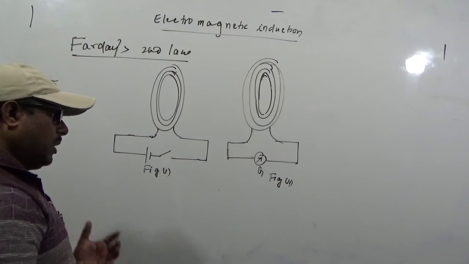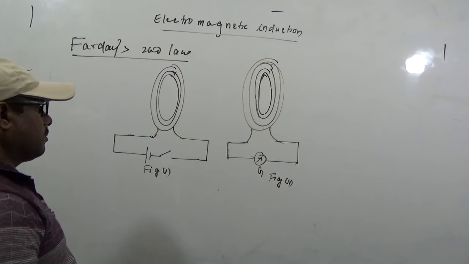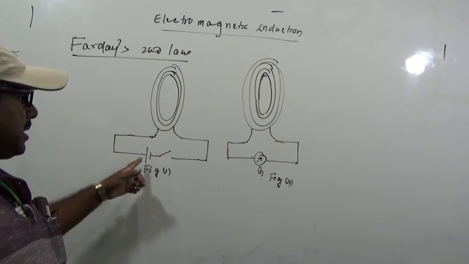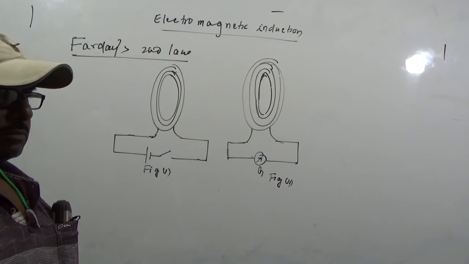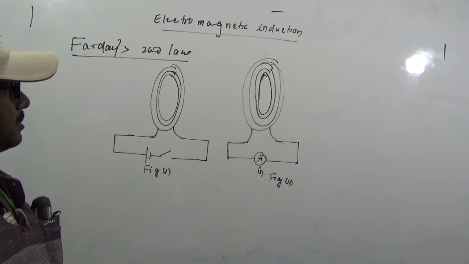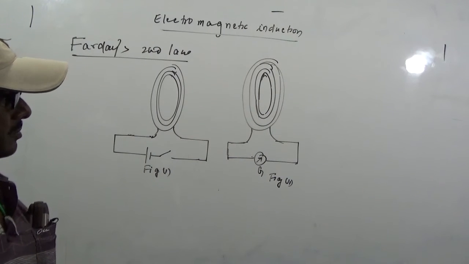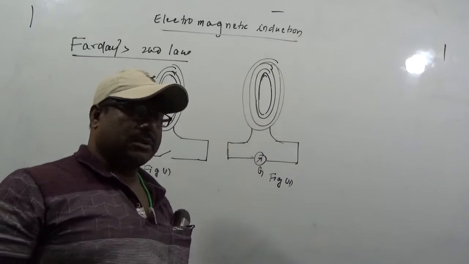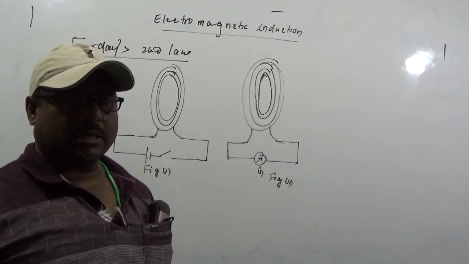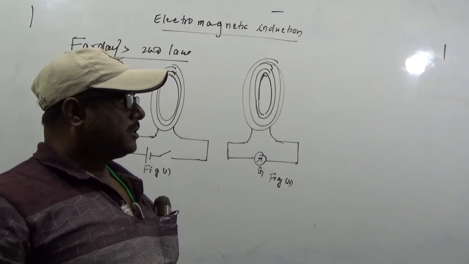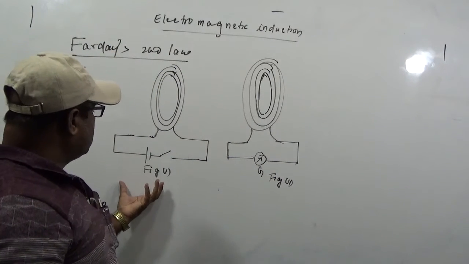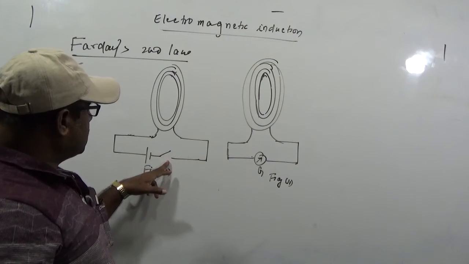See here, there are two coils. In the first figure, we are seeing that the coil has been connected to the cell. There is the EMF. Alright? And the second coil is connected with a galvanometer. The galvanometer will detect the presence of current in the coil.